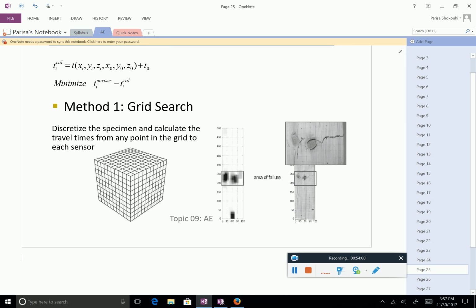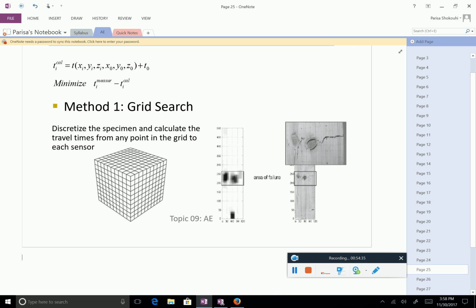Here, it's a little bit like SAS. You digitize your domain, and for each point, for each center, you can calculate what would be the arrival time in all your sensors. Everyone agrees with that? If the event is somewhere, what would be the arrival time in all the sensors? And then you have the measured arrival times too.